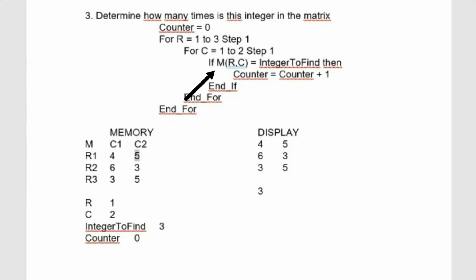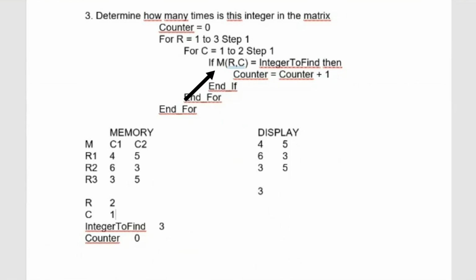Ask if matrix row 1, column 2, this 5, is equal to integer to find, that is false. So, end if, that means R increasing 1 and C back to 1.